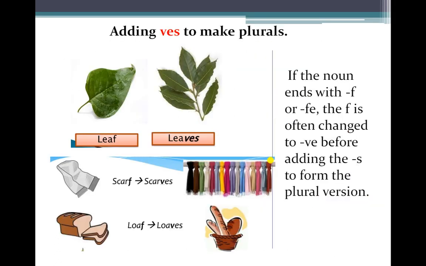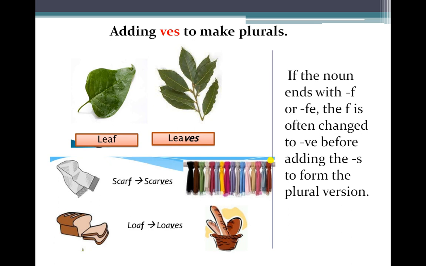Here this rule says, if the noun ends with F or FE, the F is often changed to VE before adding the S to form the plural version. Okay, look at the examples here and then it will be clear to you. The words leaf, loaf, scarf, all these words end with F, right?